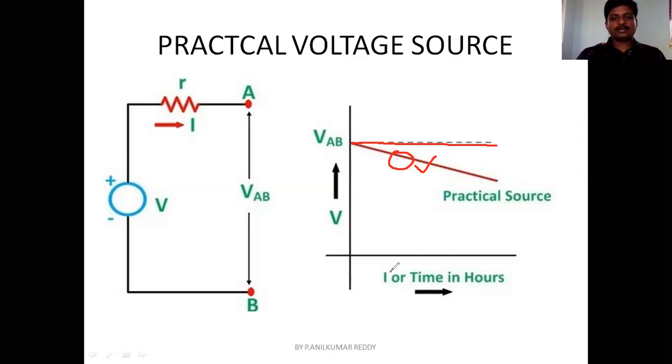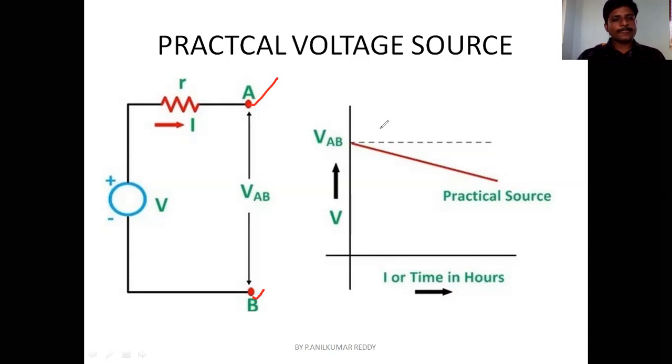As you keep on increasing the load current, the voltage at the terminals of the practical voltage source is going to fall, and at a particular point the output across terminals A and B will become 0. That is the understanding of the practical voltage source.